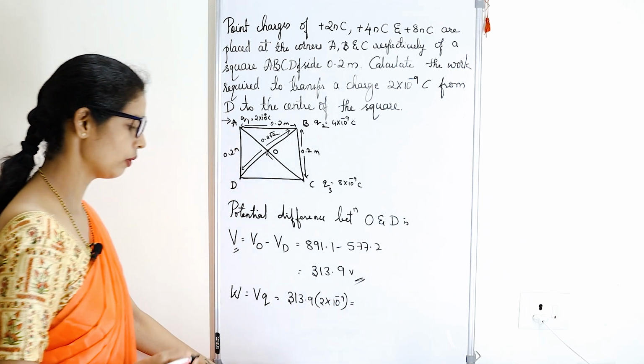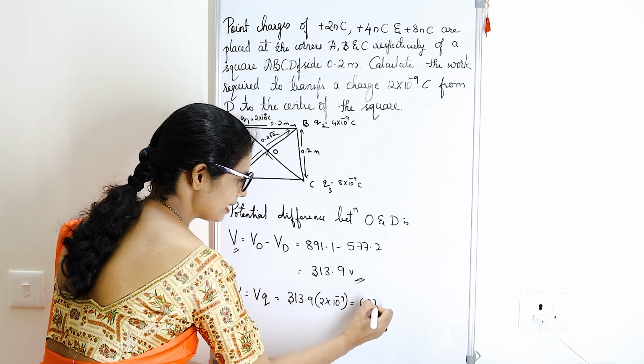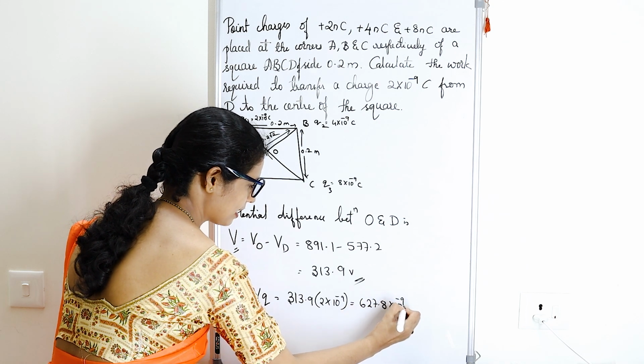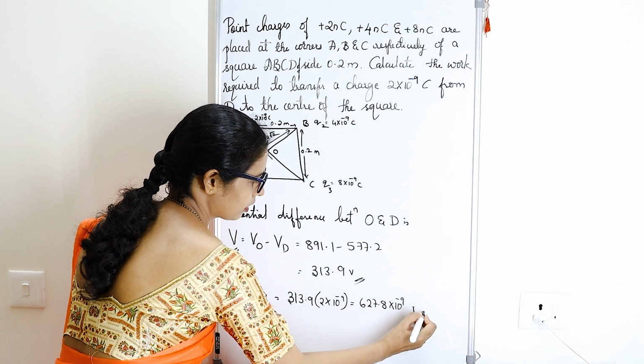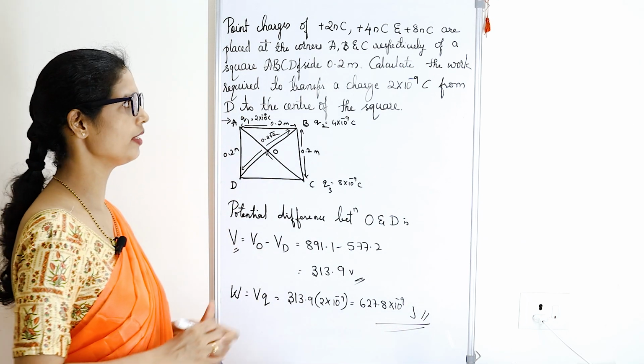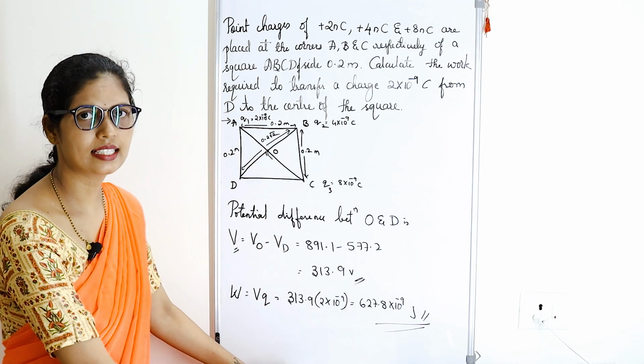Calculate and get the value. The value is 627.8 into 10 to the power of minus 9 joules. This is the total work required to transfer a charge from the point D to the center.